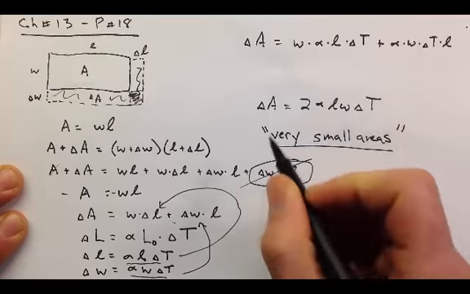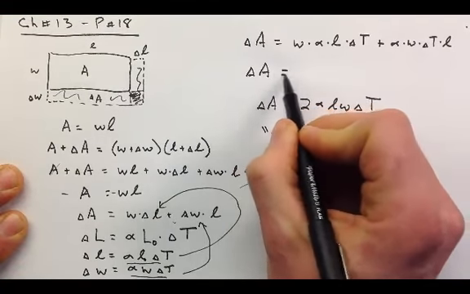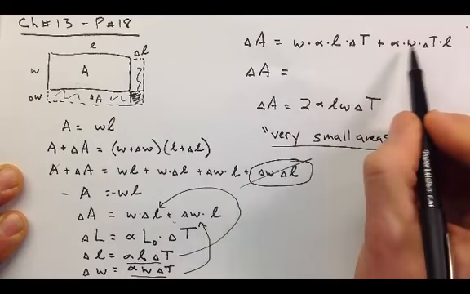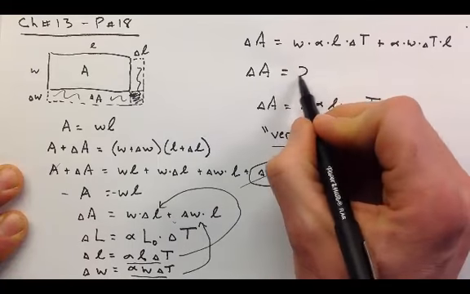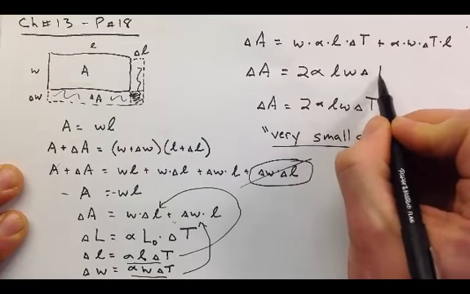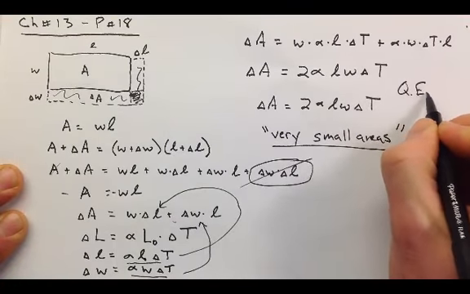times L. Well, notice here that these two expressions are the same. I've got a W, an alpha, a delta T, and an L in there. So that's really just 2 alpha L W delta T, which is what we set out to show.